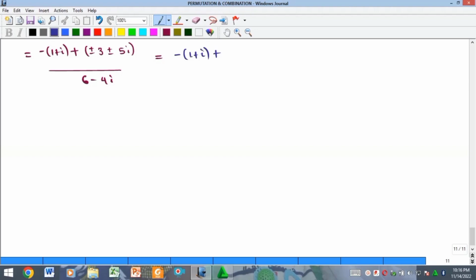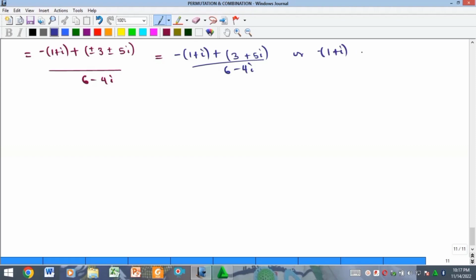So here we are going to take the plus values first. If we take the plus values, remember when A is plus 3, B is plus 5. So here we now have plus 3 plus 5i, and that is all over 6 minus 4i. Or then you can have minus 1 plus i.